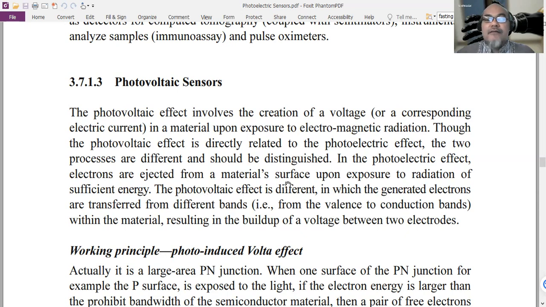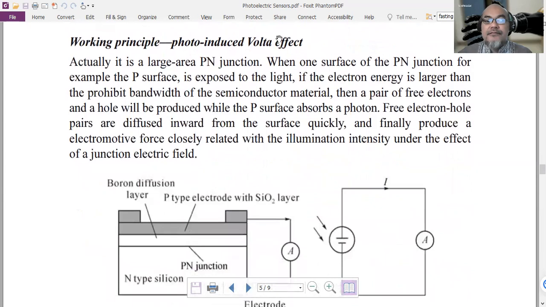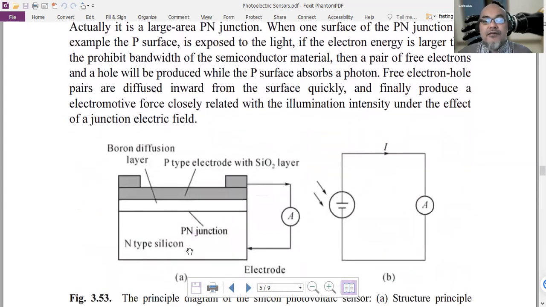In photovoltaic, however, it is different. The electron is generated from the valence to the conduction band within the material, resulting in the build-up of a voltage between the two electrodes. So this is a photoinduced voltaic effect. You have a p-n junction as well. This is n-type silicon. This is the p-n junction.